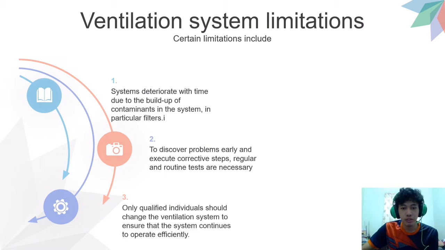Number 2, to discover problems yearly and execute corrective steps, regular and routine tests are necessary. And the last is only qualified individuals should change the ventilation system to ensure that the system continues to operate efficiently.